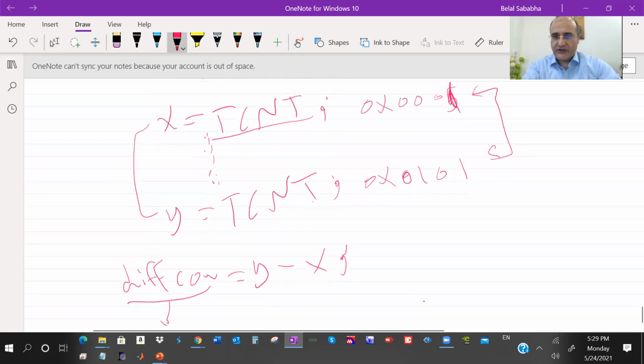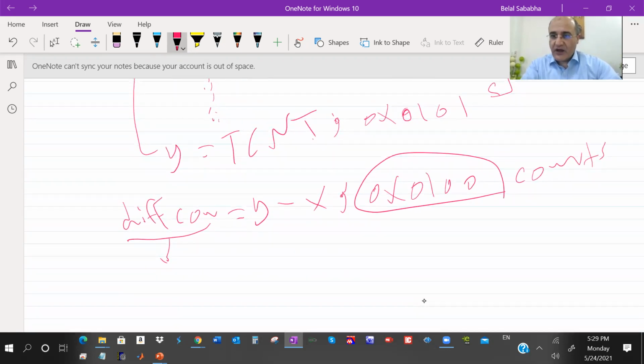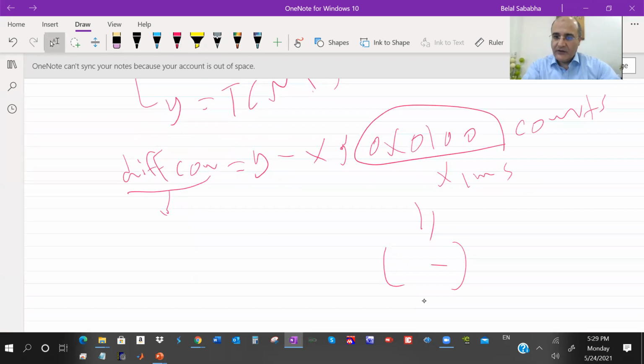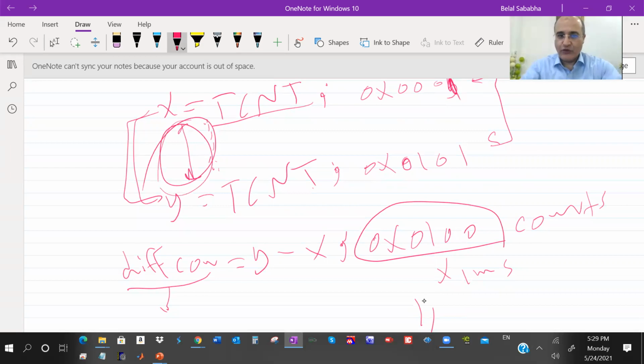Let's say 1, to make it easier. So it becomes 0x0100 hex counts. These counts times 1 millisecond give you the time delay in milliseconds that it took from here to here. So you can compute the time you spent executing this piece of code, for example, assuming the counting was not so fast and you didn't overflow. And if you overflow, we can compute this.